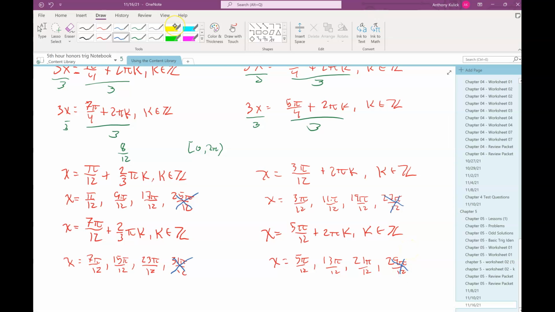So those are my solutions. When I write my final answer, I would go back and reduce each one of these, but that's the gist of that.